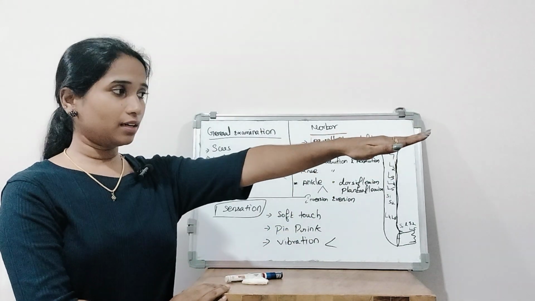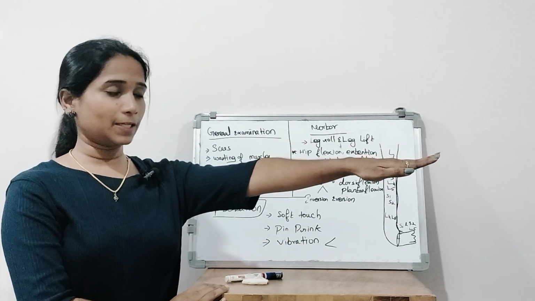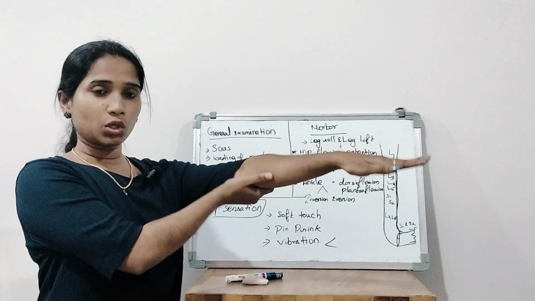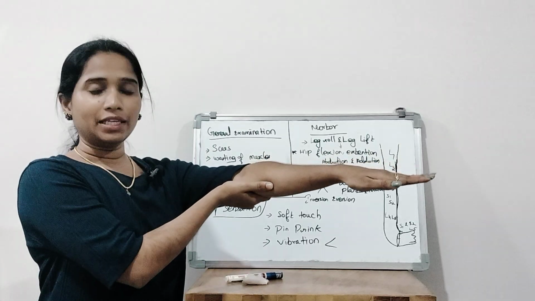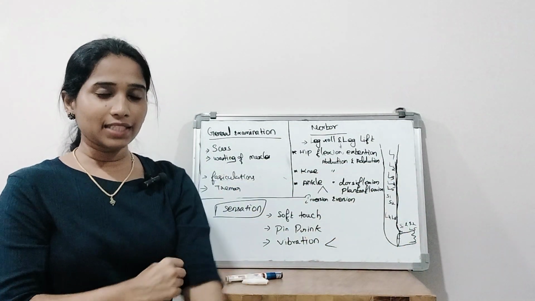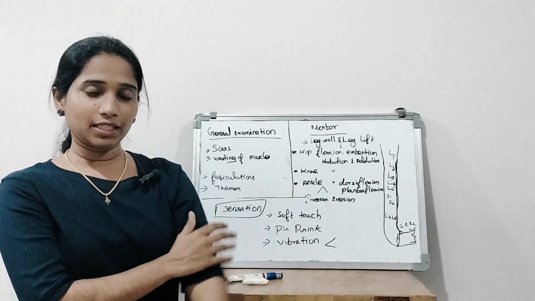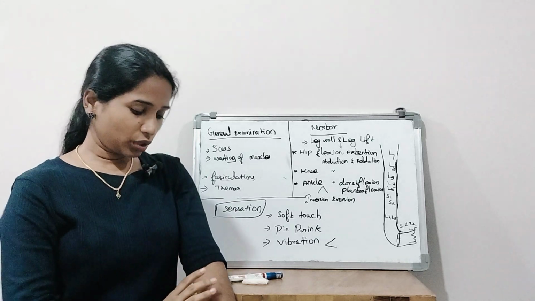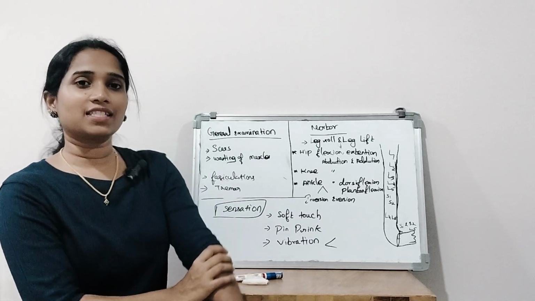While doing an extension, you have to give support on the back of the hand and push, and they have to pull. While doing the flexion, you have to extend their legs.